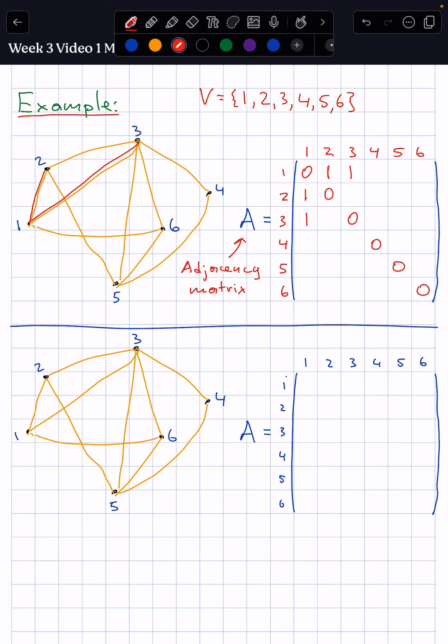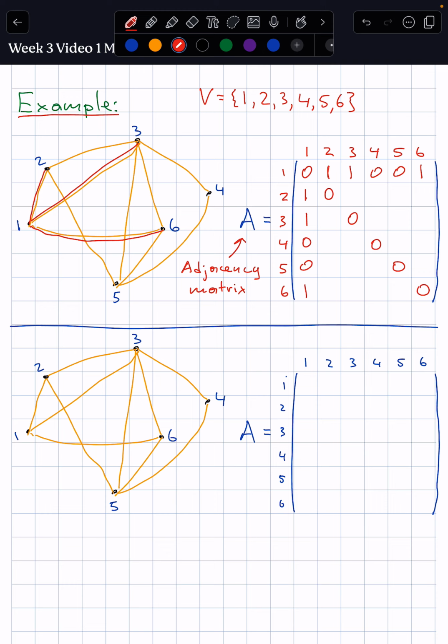1 is not connected to 4, so we put a 0 there. It is also not connected to 5, so put 0 there. And it is connected to 6, so 1 there. So we have this third edge connecting 1 to 6. And we continue in the same manner.